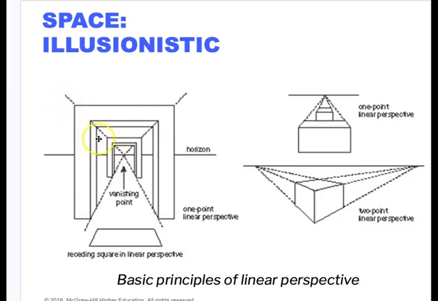As you can see, all these lines, unless they are horizontal lines, are going to converge back to the vanishing point. So like this box that they drew in the front, they drew the back edge of it, or you can think of it as a rug, the front edge of it, but the sides are not going to be vertical lines. They're going to be angling diagonals back towards the vanishing point.